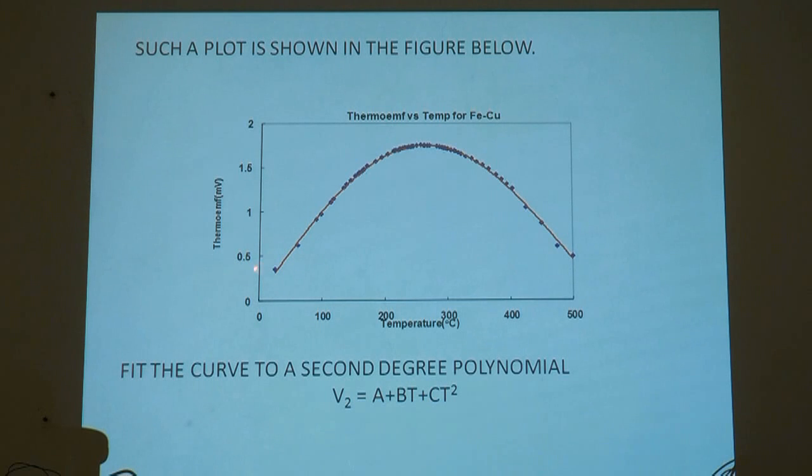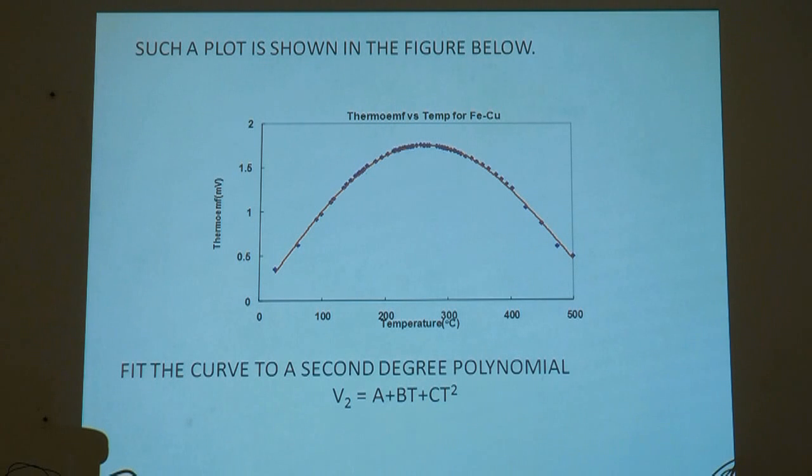You see that thermo EMF of iron copper increases, reaches a maximum and then comes down. You fit this to a second degree polynomial equation A plus BT plus CT square, find A, B and C. You will find C will be negative, B will be positive.